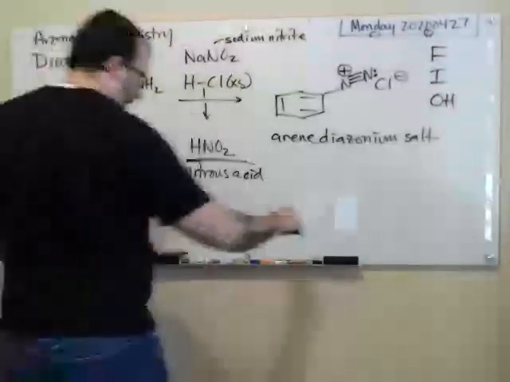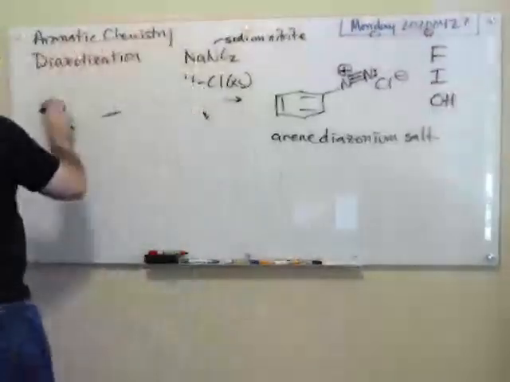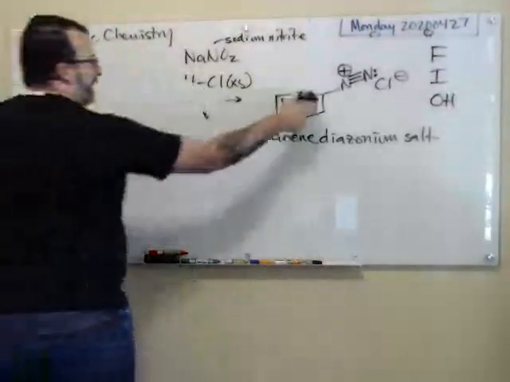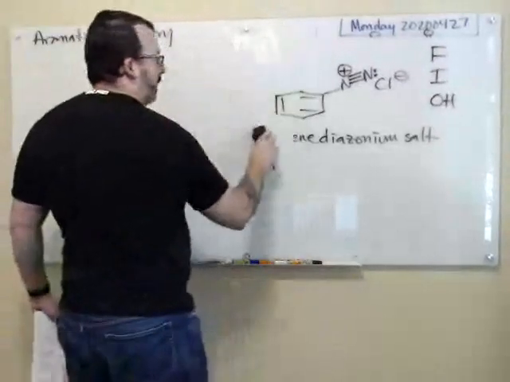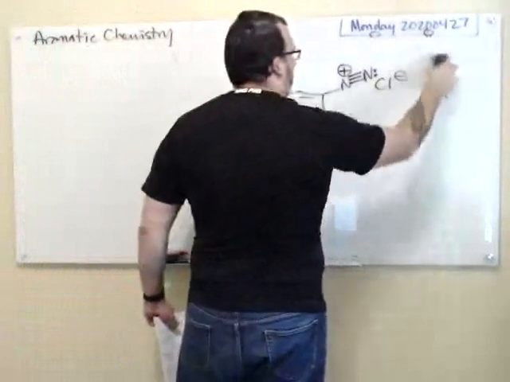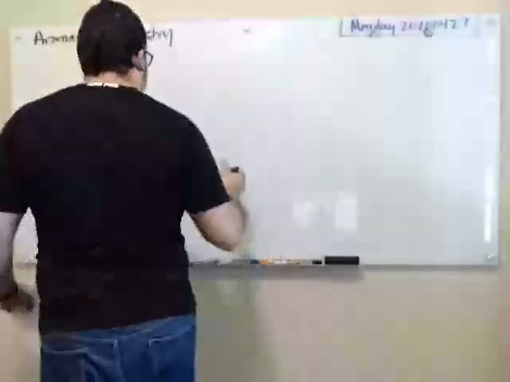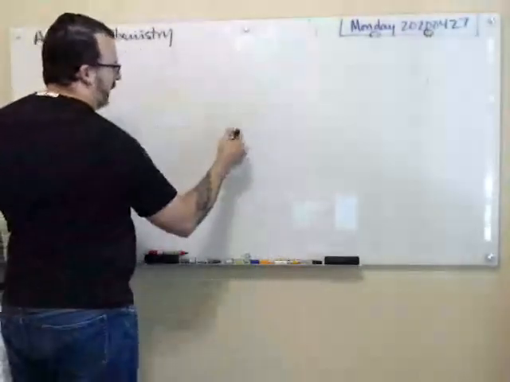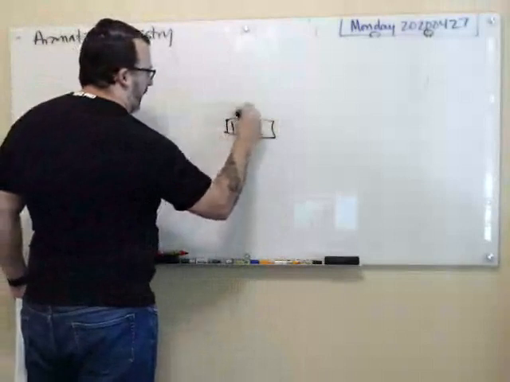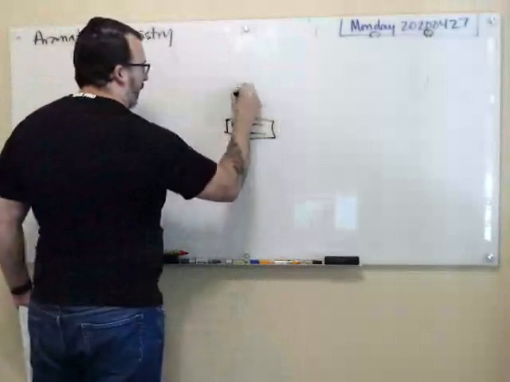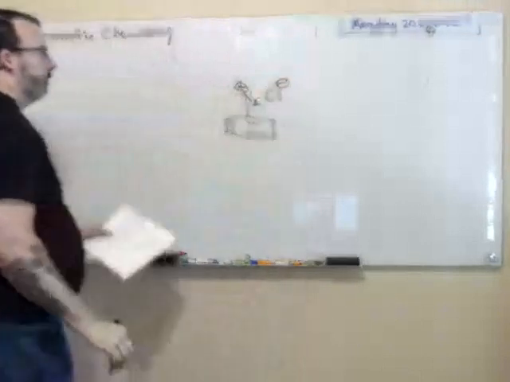So I'm going to go ahead and erase this and show you how this thing can be transformed to get these other substituents onto the ring. I'm going to start right in the middle here. We've made our diazonium.